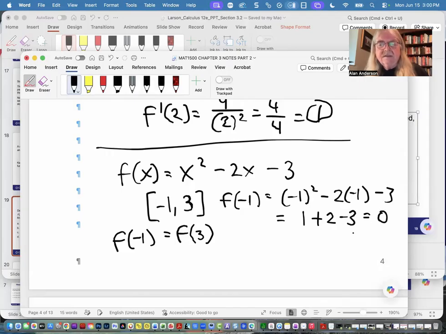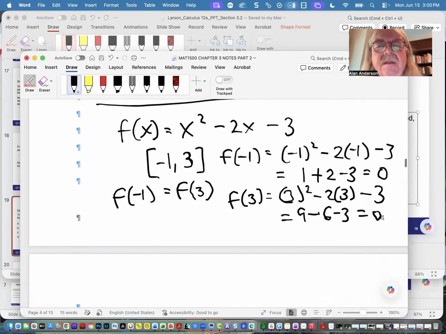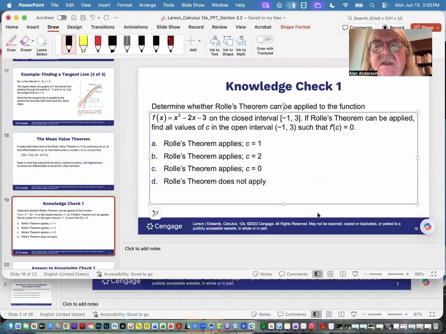Okay, 0. And it equals 0. So that part is satisfied. So first we determine that Rolle's theorem can be applied here. All the conditions are met.